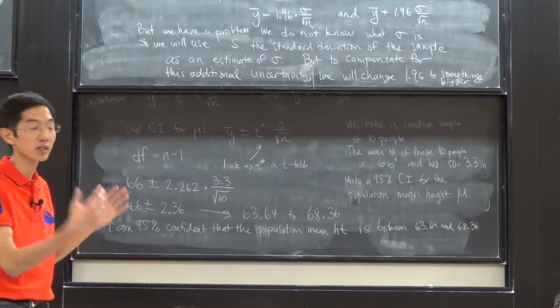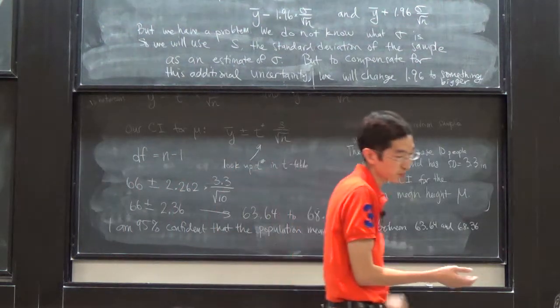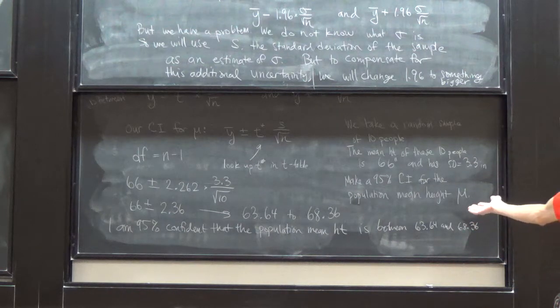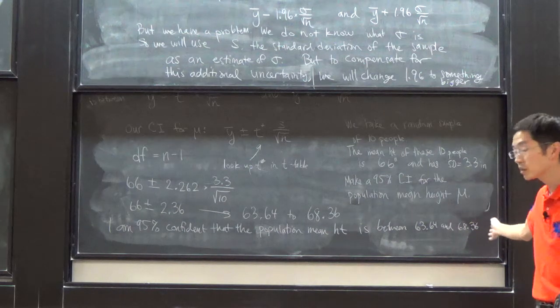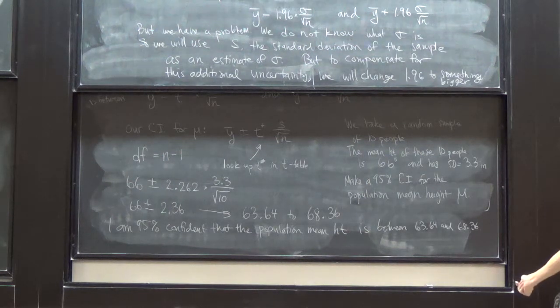That my sample of 10 people was a little bit weird and led me to believe that the mu is between this and this, where in fact the mean was actually outside of that, okay?